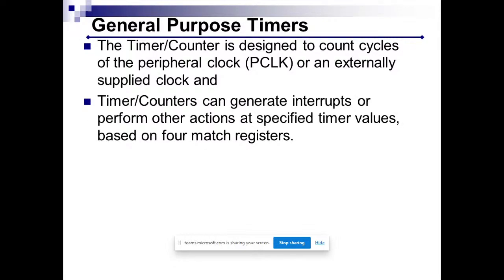Timers and counters can generate interrupts or perform other actions specified at timer values. That means there are match registers available. As and when the count value reaches the value stored in a match register, certain events will be generated.